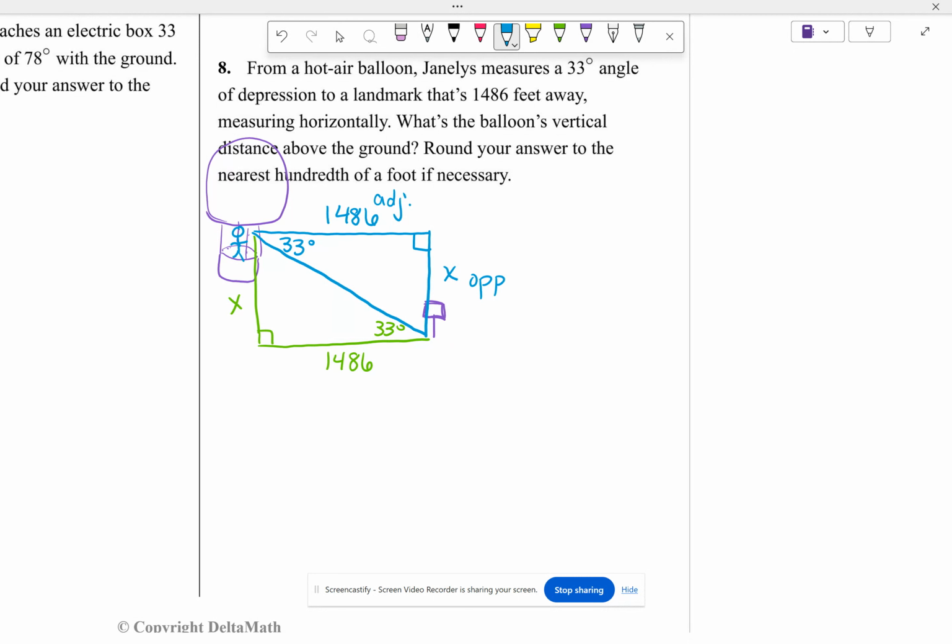The function that uses opposite and adjacent is tangent. So the tangent of the angle is equal to the opposite divided by the adjacent.